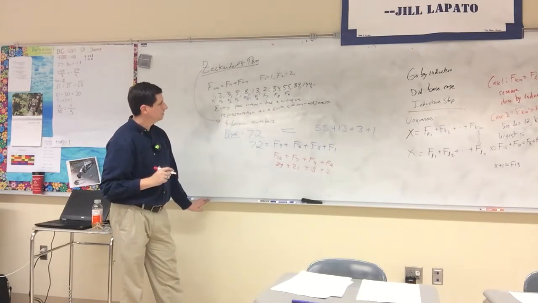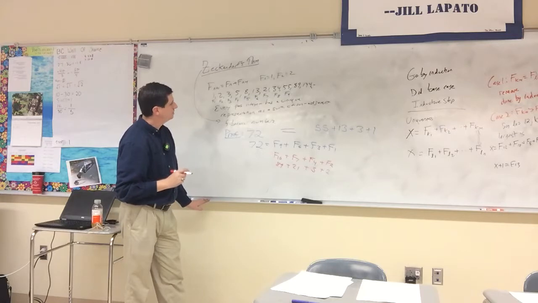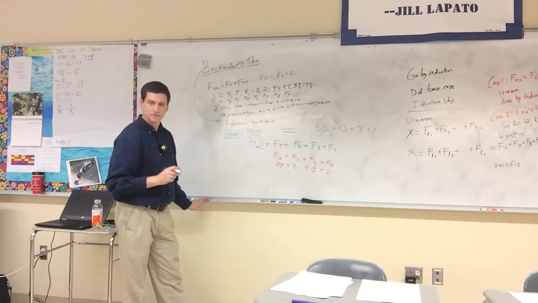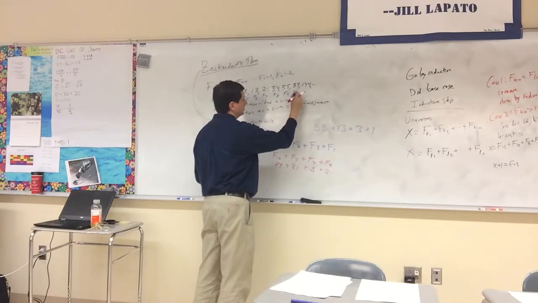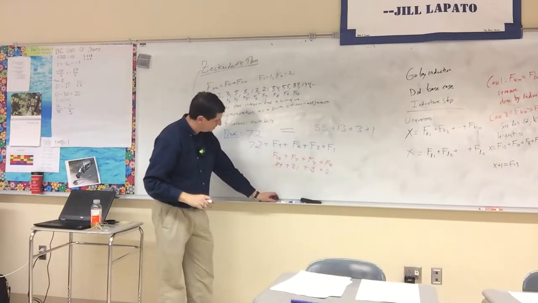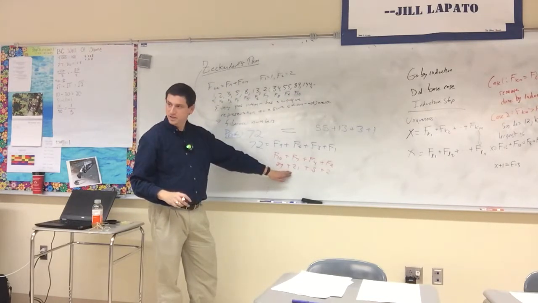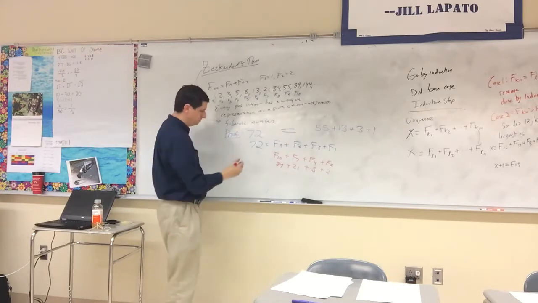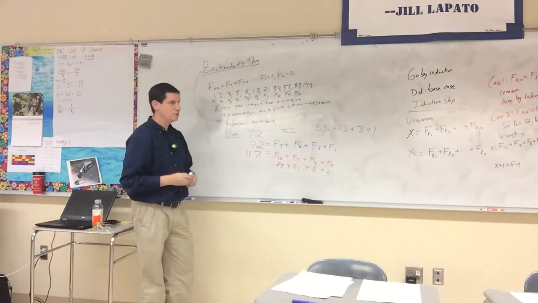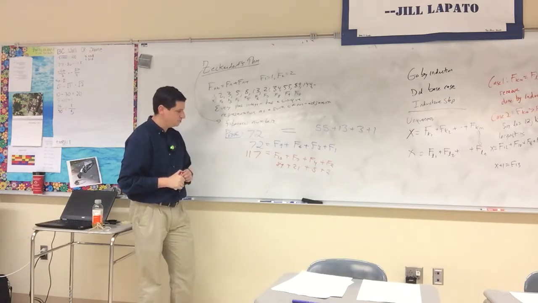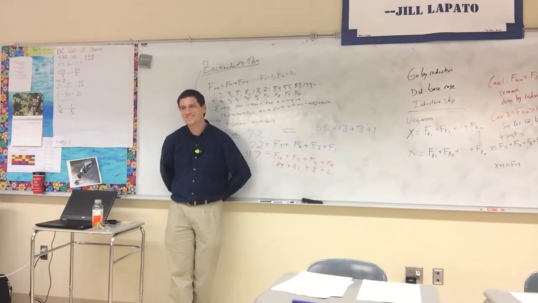Oh, no, wait. F10 is 89. OK. So now we have to do a little bit of arithmetic. So 89 plus 21 is 110, 117. Does anybody know the approximate relation between 72 and 117?